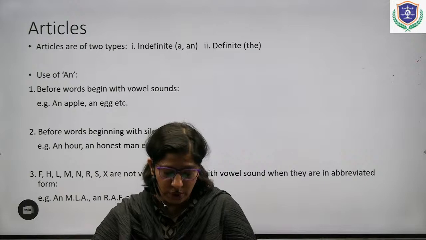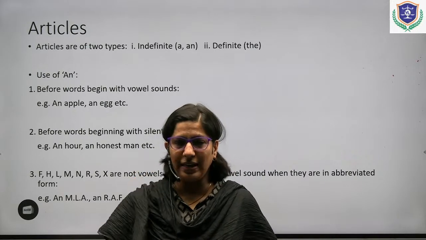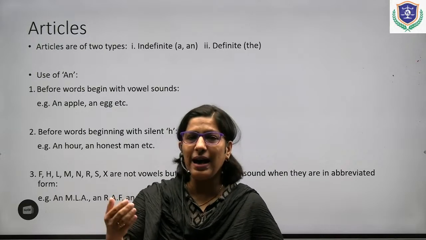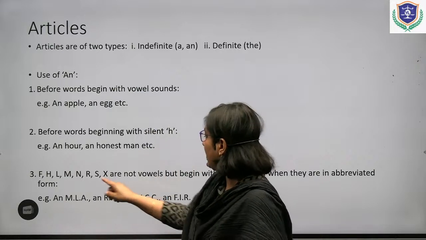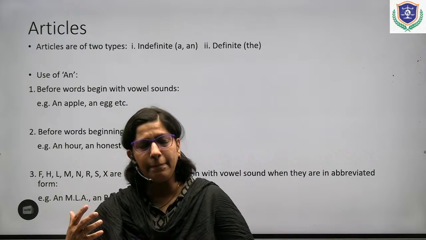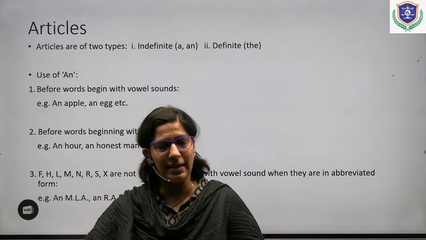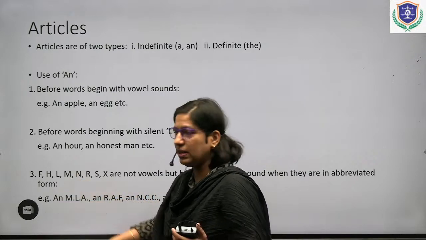Okay, so when you have words which are abbreviations like he is an MLA, and when we are using the letter m, here it is a. When you are saying m, the sound of the vowel is there, so there we are using an before the MLA.